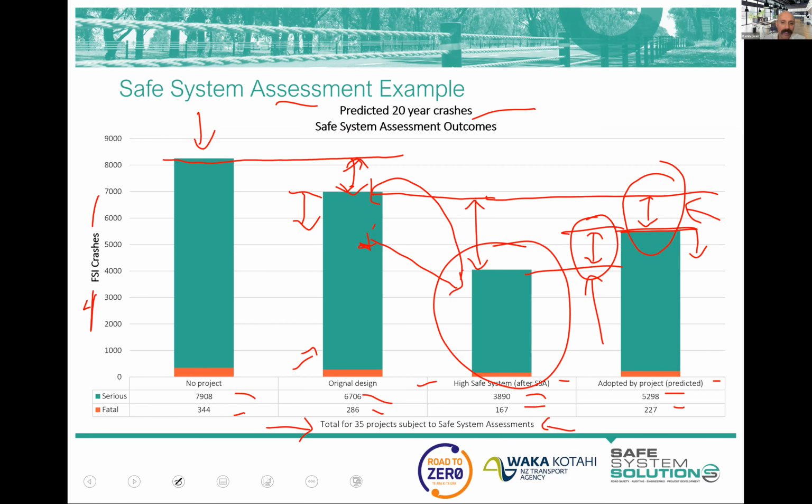So how come a high safe system assessment ideas and the like are still leaving us with, in this case, 3,890 people seriously injured and 167 people killed on these areas? What's going on there? Well, to a degree, it's proof that the prediction model being used in terms of predicting death and serious injury is realistic.